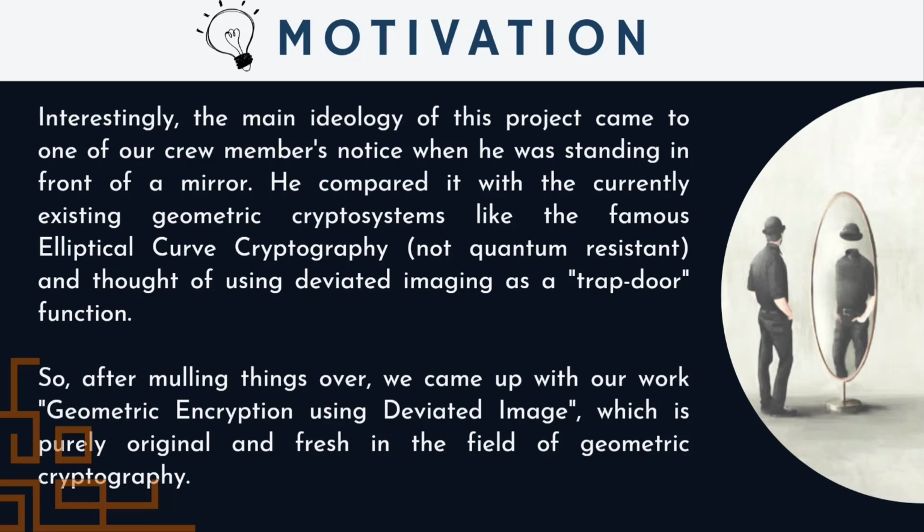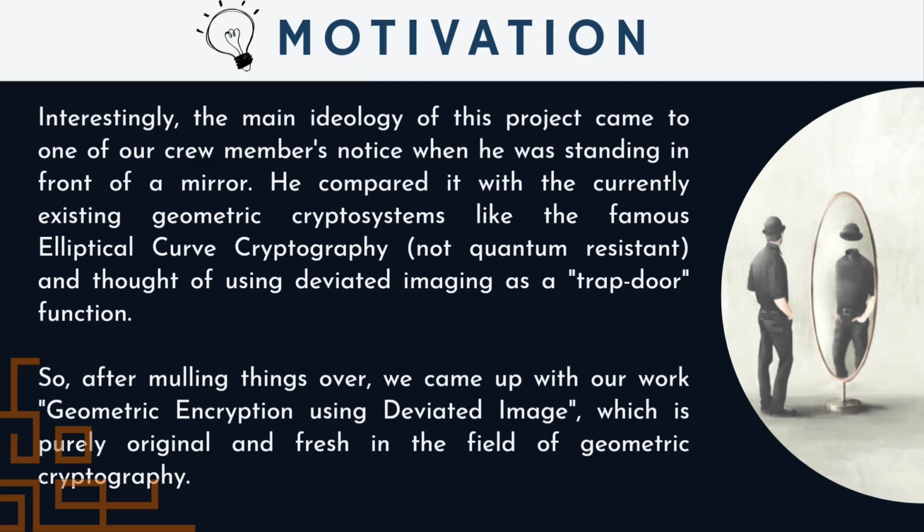You can't do that, right? Because you don't know where the mirror is. You just know an image has formed here. But on the other hand, if I tell you that this is the mirror and this is the object, you can always find a particular and single solution, a single image. So that could be employed as a trapdoor function.